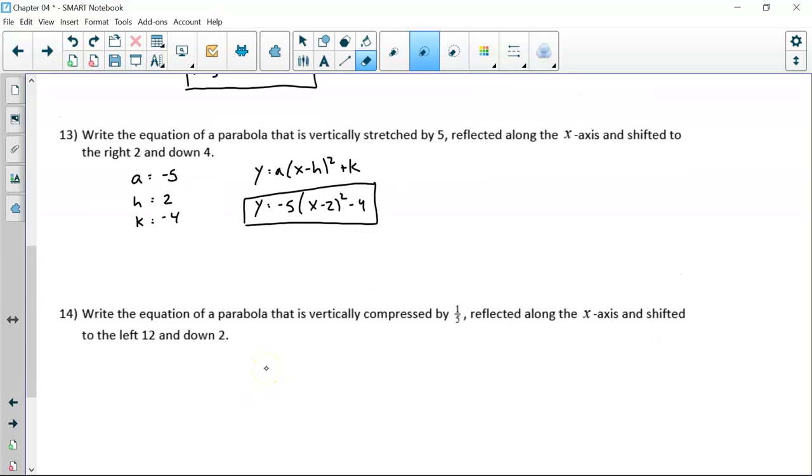So for number 14, we're compressed by 1/5 and reflected along the x-axis. So A is not just 1/5. There's our compression, but the reflection, it's a negative. H, we're going to the left 12, so H is a negative 12. And we're going down 2, so K is a negative 2.